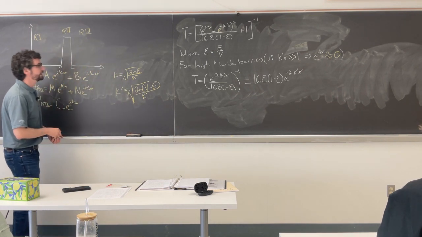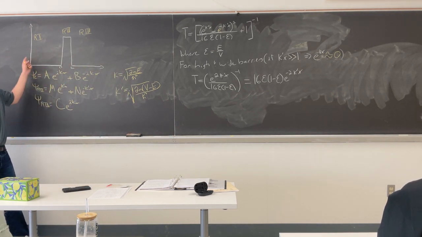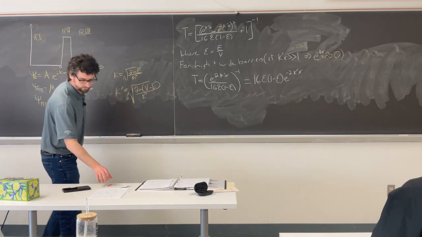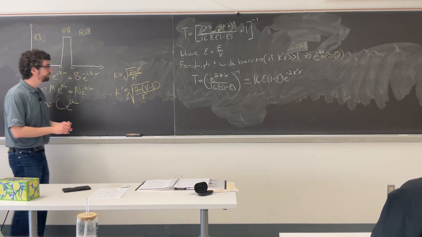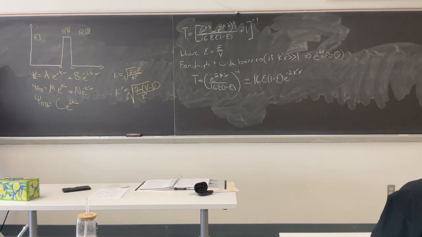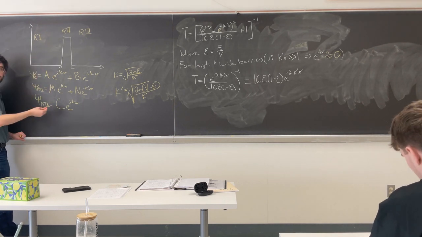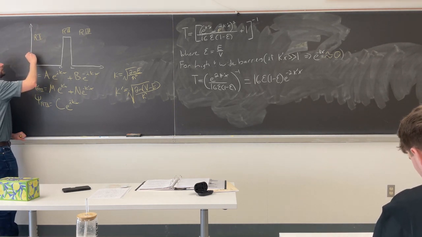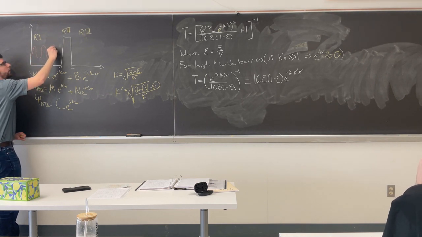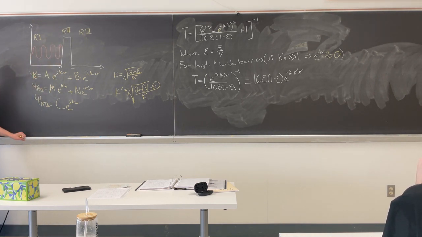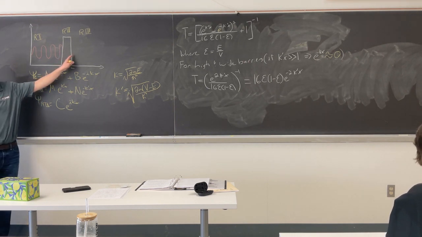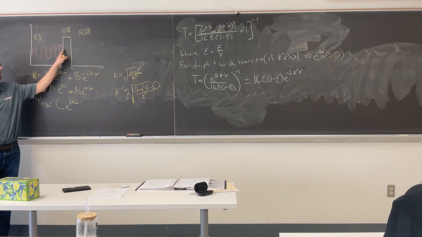Okay, the next thing I want to ask you guys is what does this wave function look like then? So let's say the wave function in this region is meant to look like a free particle. It's going to look like this. What happens to the wave function as it's in the barrier?